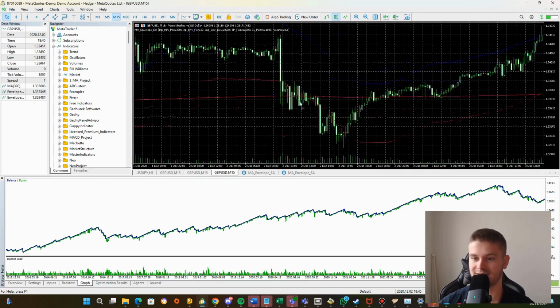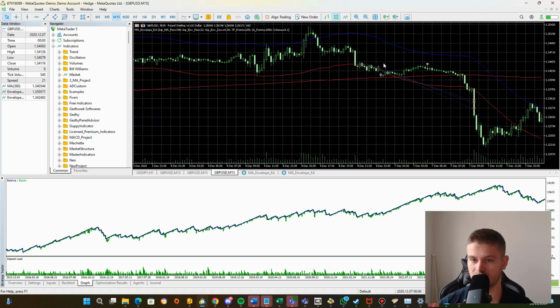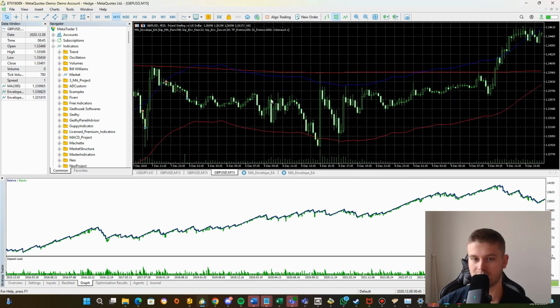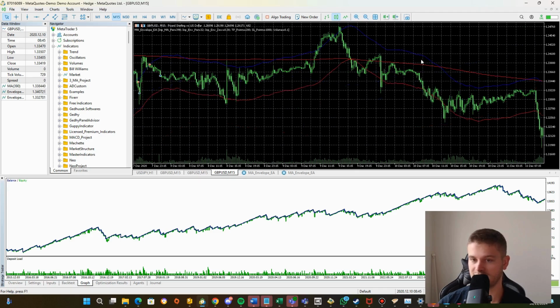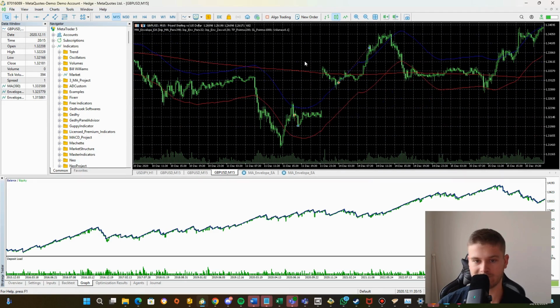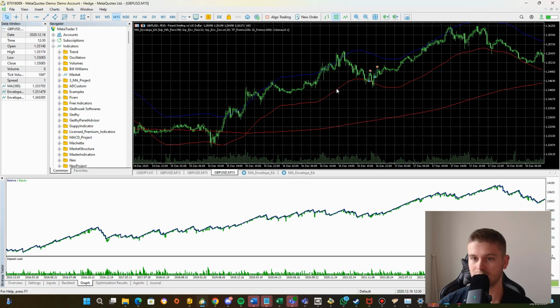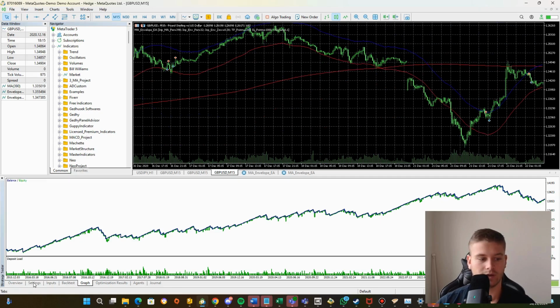You can see that, for example, in this case, it opens a lot of positions around the same price level, which isn't something we want to have. So there are ways I would improve this EA, and these improvements would improve the profitability as well.